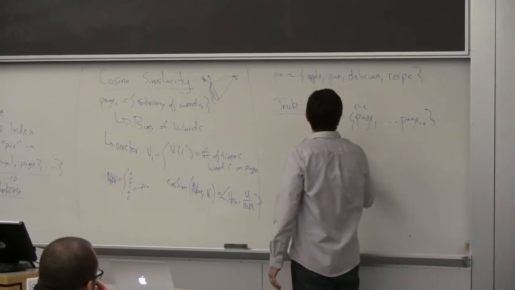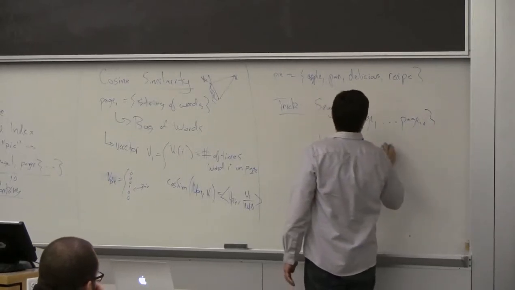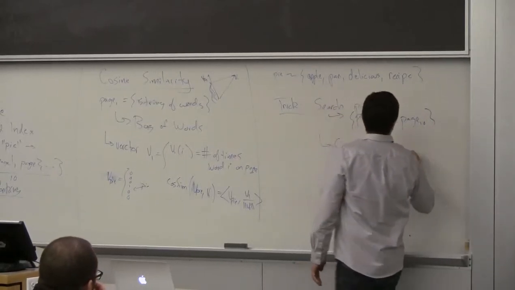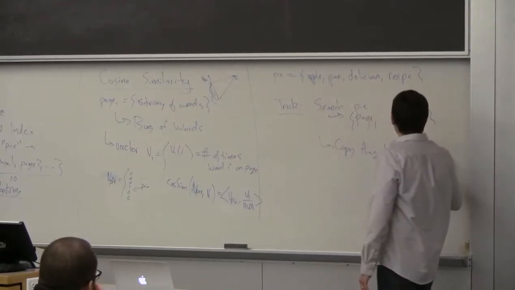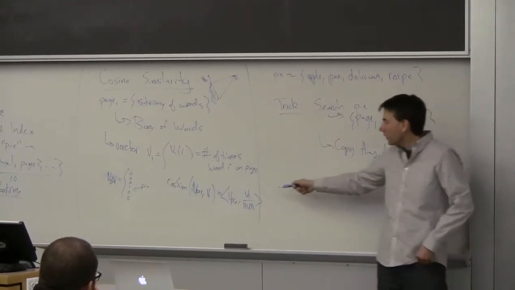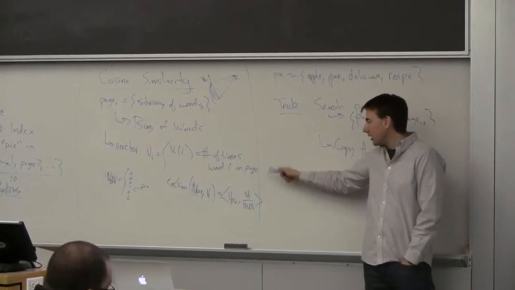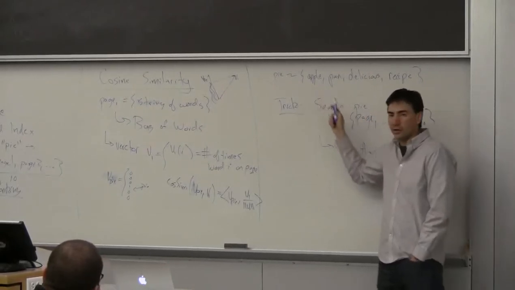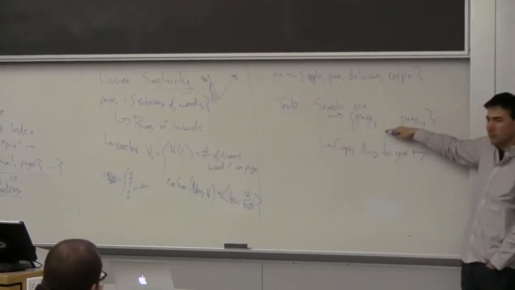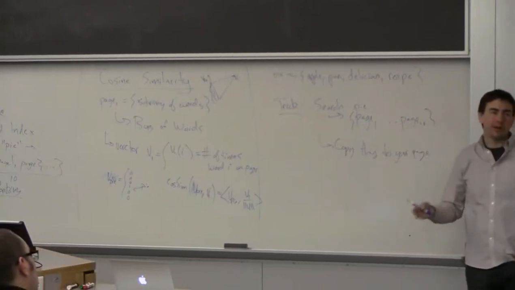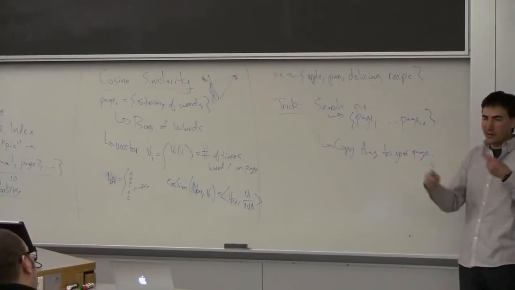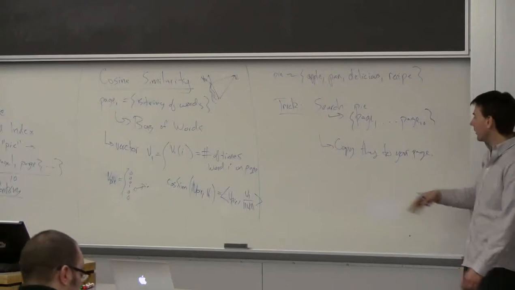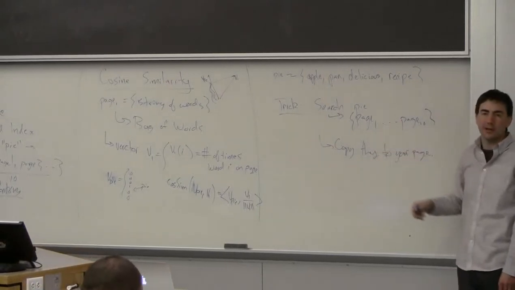You copy these to your page, and then whatever kind of magic they use to do this similarity ranking, because it ranked these pages well, it will now tend to rank your page well. And you can iterate this process a bit, and you can move yourself up the rankings this way.